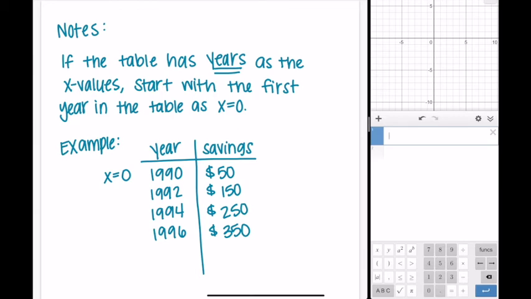Then in 1992, notice that 2 years have passed, so that's going to be an X value of 2. For 1994, X would be 4. 1996, X would be 6. So really what you're typing in instead of the actual date is the years that have passed.